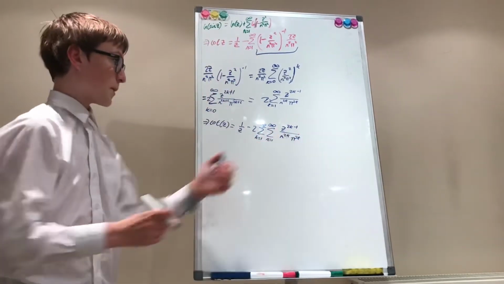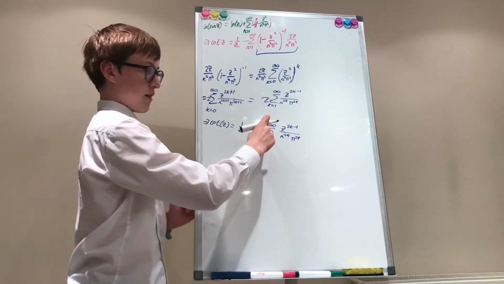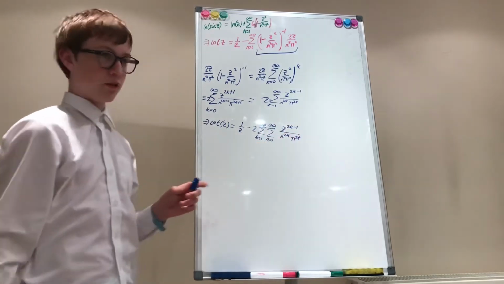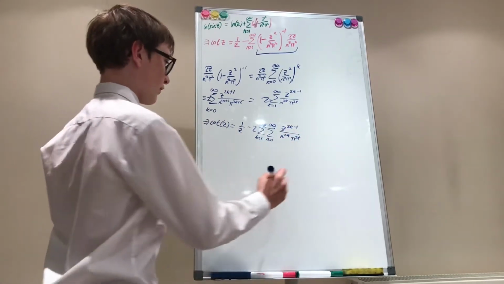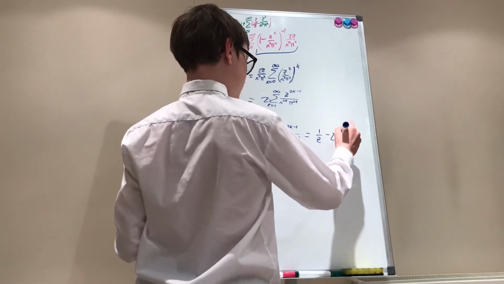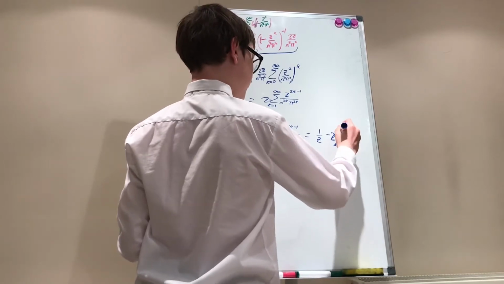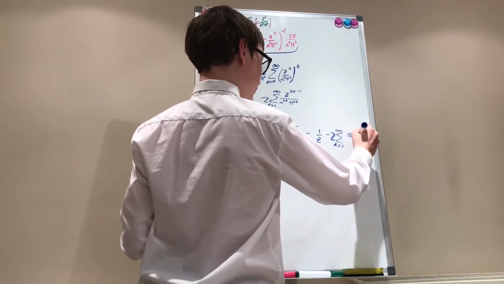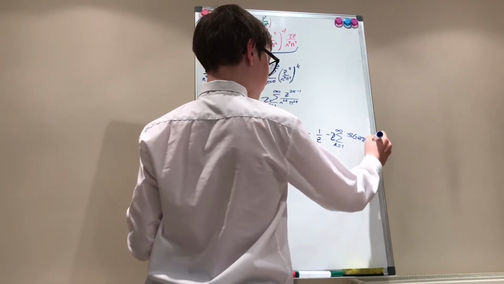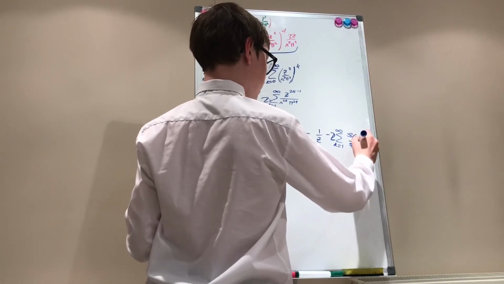Okay, and now remember that these two are just constant in the n world. We can bring them out here. What we're left with will be the sum from n equals 1 to infinity of 1 over n to the 2k. But that's just zeta of 2k. So this equals 1 over z minus 2 sum from k equals 1 to infinity of zeta of 2k times z to the 2k minus 1 over pi to the 2k.